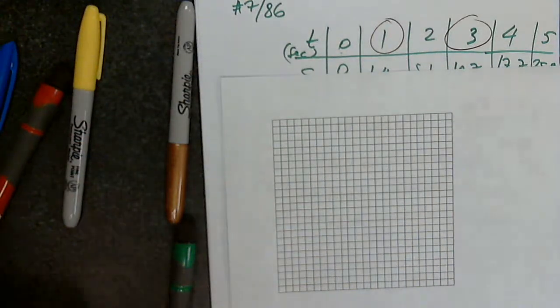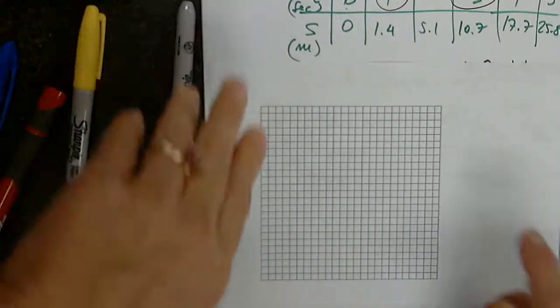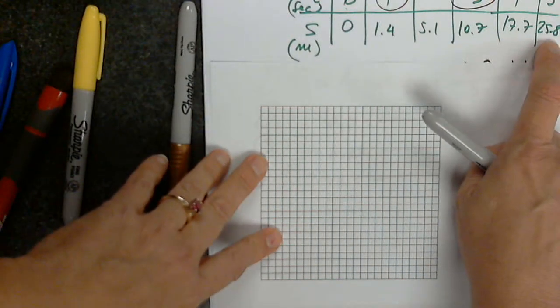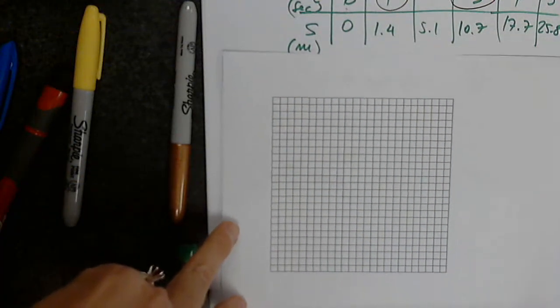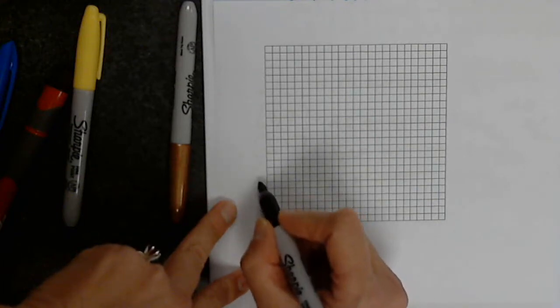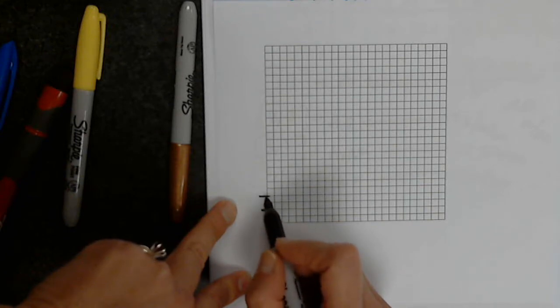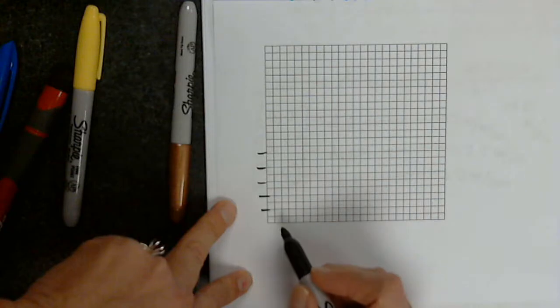Here it is. So I see that distance goes from 0 to roughly 25. So I'm going to use 10, 20, or maybe 5. I would say maybe 5, 10, 15, 20, 25.